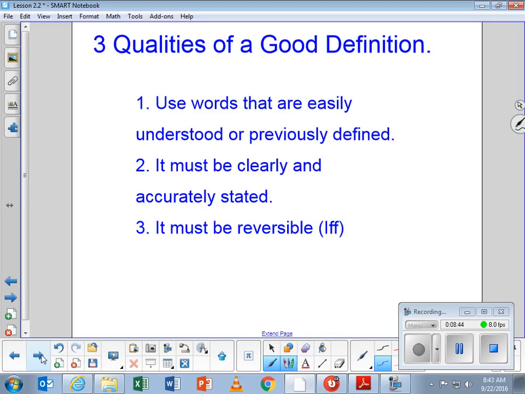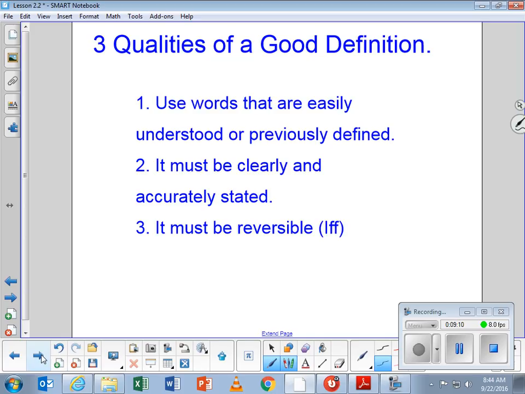But anyway, they are, number 1, you have to use words that are easily understood or previously defined. Number 2, it must be clearly and accurately stated. You know, what you're trying to define must be clearly and accurately stated. Being clear isn't good enough.